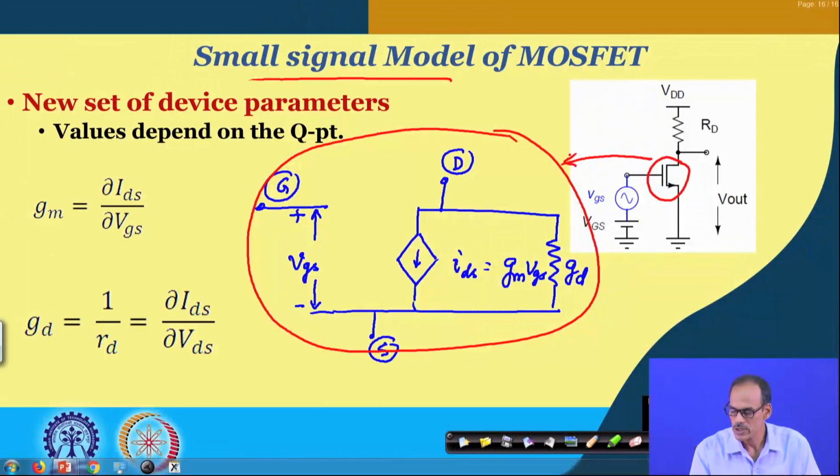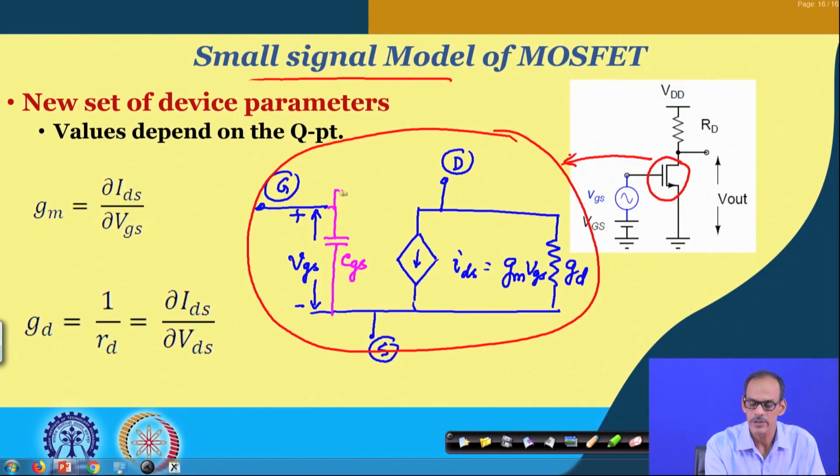Those are additional elements that will pop up. The gate to source capacitance is denoted by CGS, and the gate to drain capacitive element is represented as CGD. If I consider these capacitive elements, then this small signal model can represent the device behavior in the high frequency range also.